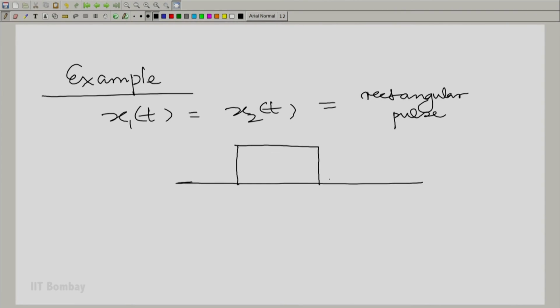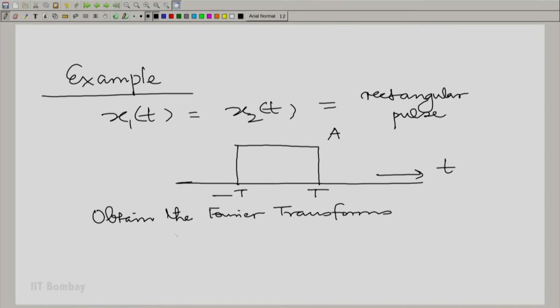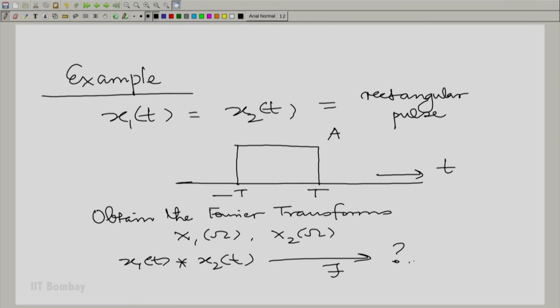Let us make it simple, let it be a rectangular pulse going from minus T to plus T, symmetric and of height A. Now, the question is, obtain the Fourier transforms of x1 and x2 and then the Fourier transform of x1(t) convolved with x2(t). We shall look at this in the next session to make a few points.